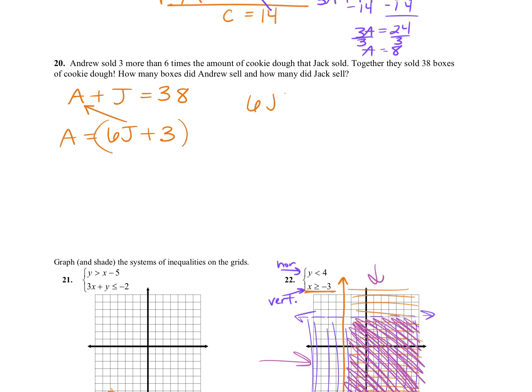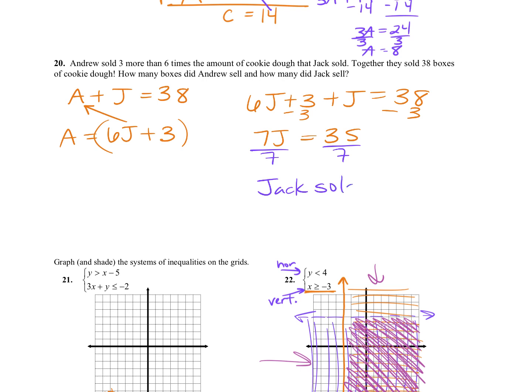So 6J plus 3 plus J is 38. So 7J, take away the 3, is 35. So how many for Jack? 5 boxes. So divide by 7. We'll say Jack sold 5 boxes.